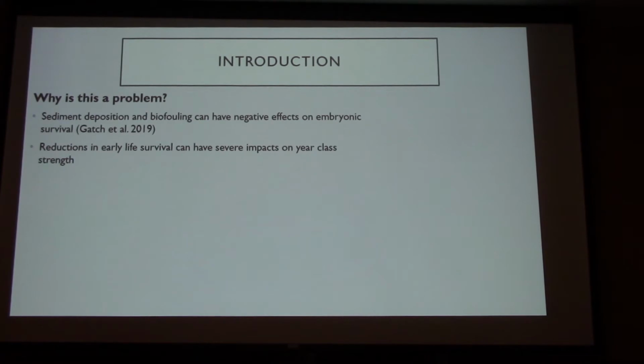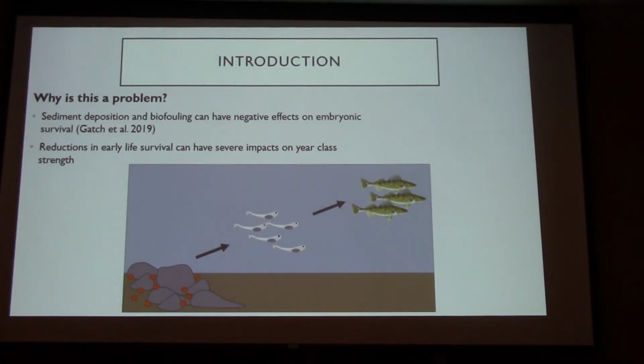And so why is this a problem? Well, sediment deposition, shameless plug for a publication, has been shown to cause some negative effects on embryonic development and hatching success. So if we have reductions in early life survival, this can lead to impacts in year class strength.